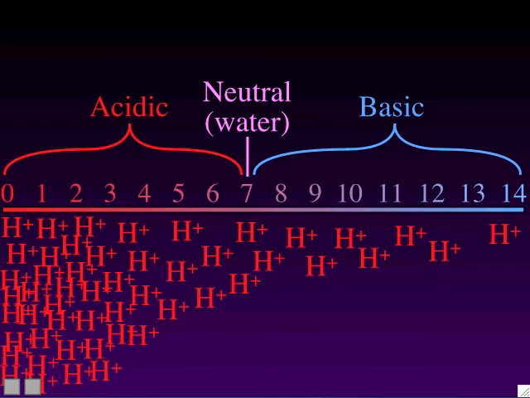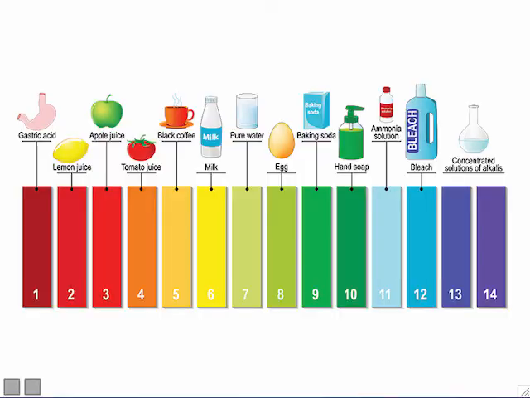Now, interestingly, a lot of the foods and drinks that we take in are not neutral. Many of them are acidic and some of them are basic. Here's a little cartoon that shows some of this. And you don't have to memorize what I'm showing here. I do want you to know that pure water's pH is 7, but you don't have to memorize that milk's pH is 6, or that coffee's pH is 5, or these food pHs down here.